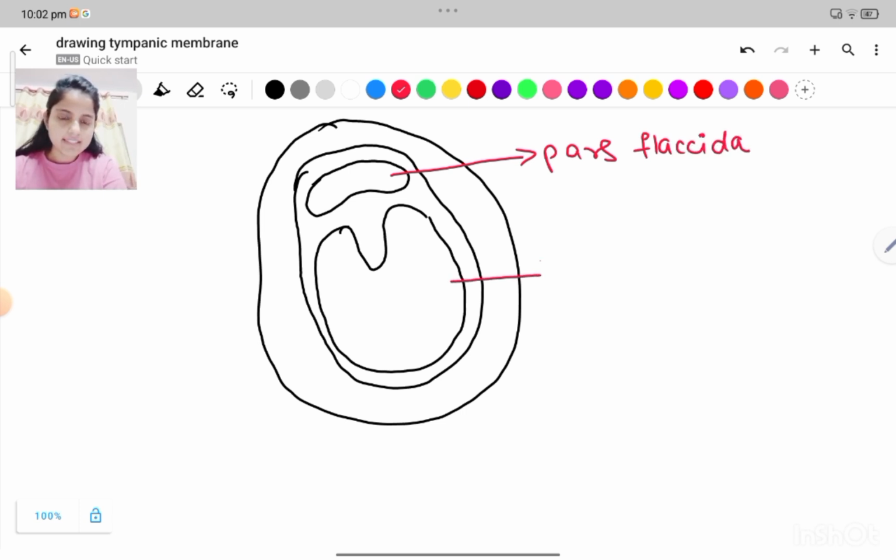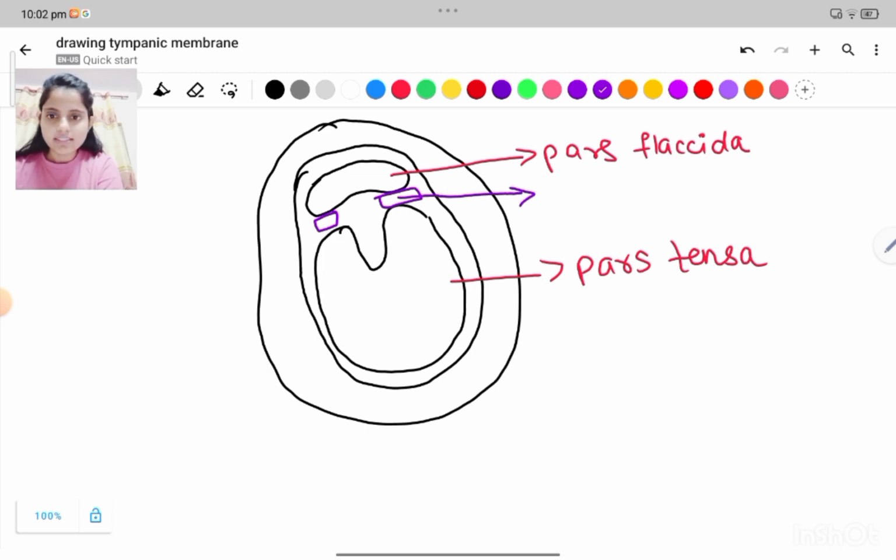This is the pars tensa. This is the anterior side and this is the posterior side. On the anterior side, this is the anterior malleolar fold. This is the posterior malleolar fold.